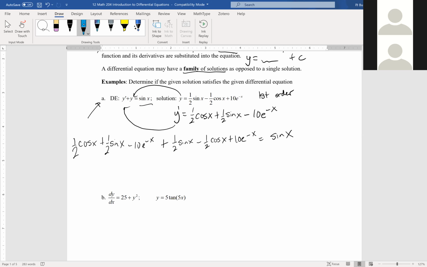So I see that I've got a half cosine minus a half cosine. They cancel. And I've got 10e to the minus x and minus 10e to the minus x. They cancel. So 1/2 sine plus 1/2 sine is a total of sine. So you would say something like therefore, I don't know if you've seen this symbol before, 3 dots in a triangle means therefore y is a solution.